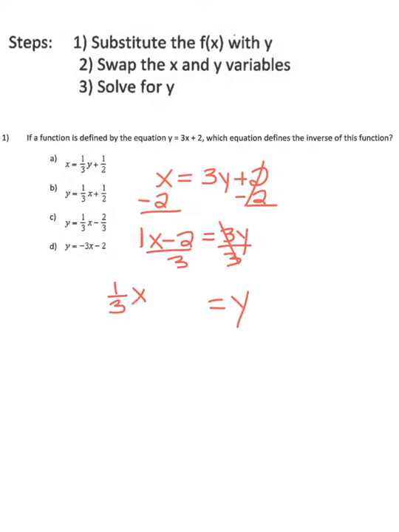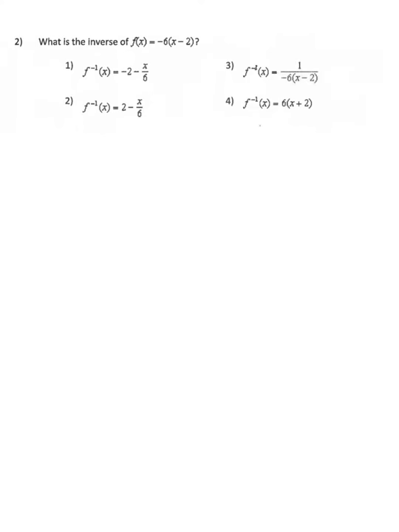And then we can bring down this minus sign. And 2 over 3 we would just leave as 2/3 because that doesn't simplify. So we get y equals 1/3 x minus 2/3. If you look at letter C here, y equals 1/3 x minus 2/3, that is going to be our answer.